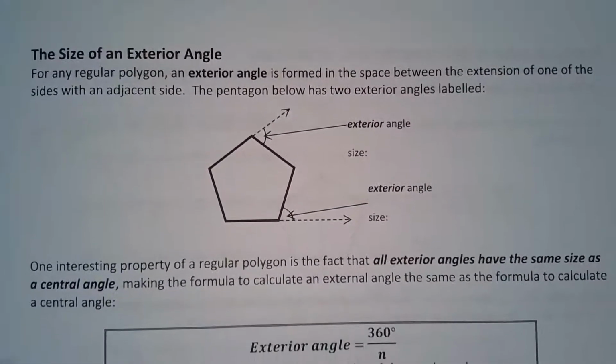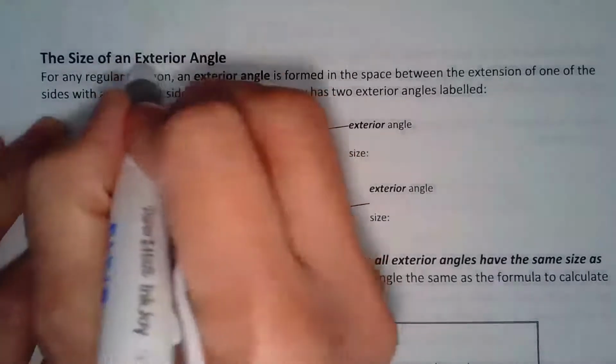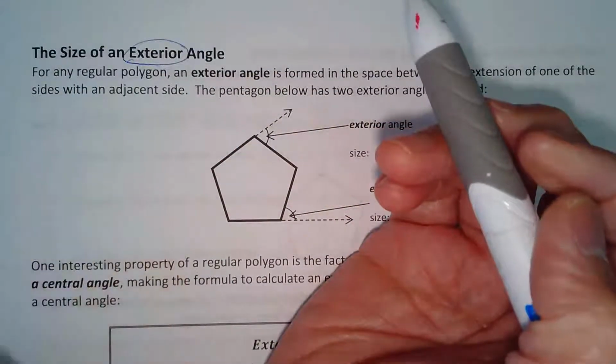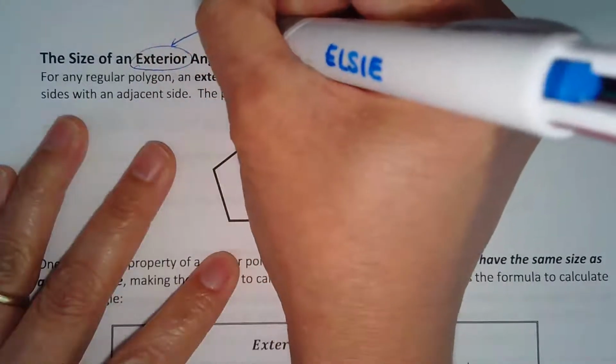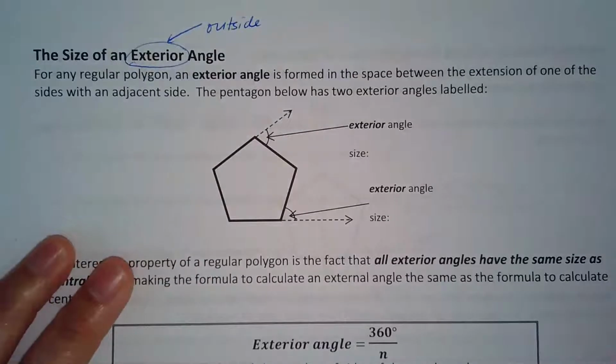Okay, so the next one, let's read that. The size of exterior angle. So what does exterior mean? Exterior means outside. Outside angle.